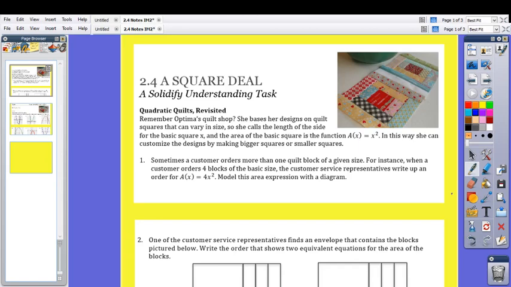Hi everyone, let's do our next lesson, which is 2.4, and here we will be working on the quadratic equation. But this used to be our original function.